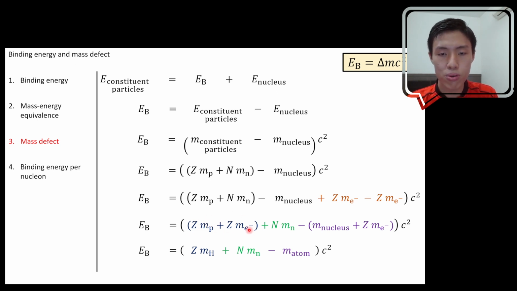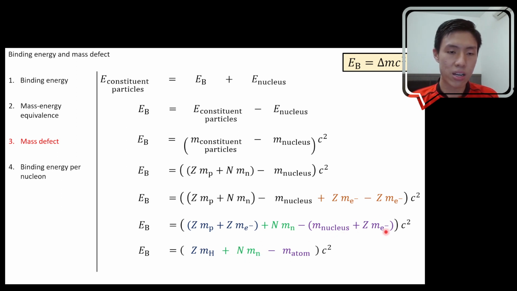Since one proton and one electron is one hydrogen atom, you can take this bracket to be Z number of hydrogen atoms. The mass of neutron remains the same. This is the mass of neutrons that we can obtain.